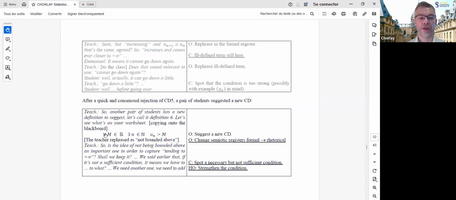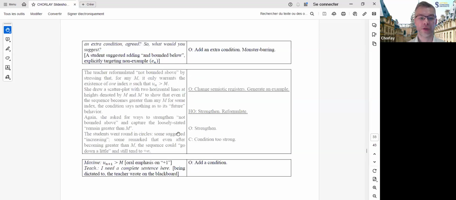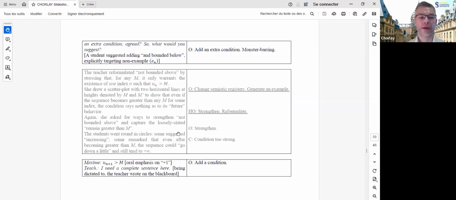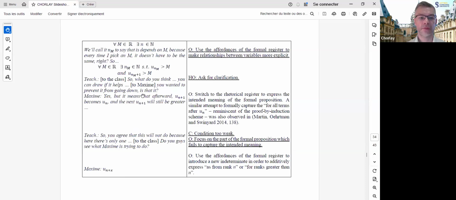So imagine you have this sentence, and here you have u_n greater than m, and u_{n+1} greater than m. This is what students suggested. Okay, there we are.